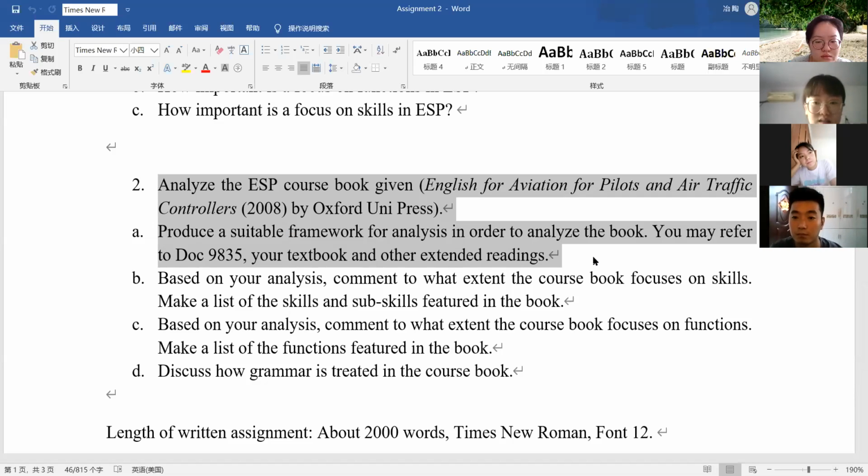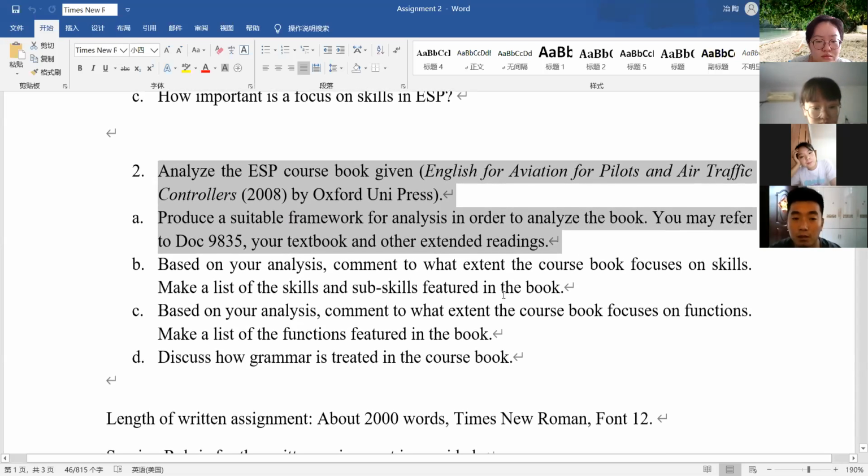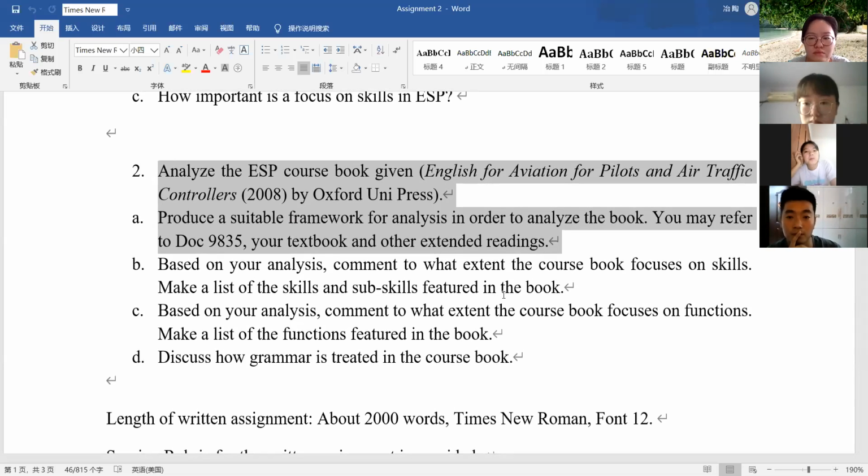First of all, we needed to know the content of the book that the teacher gave us. The book is organized in the sequence of a flight, starting with an introductory unit, followed by pre-flight ground movements, departure, cruising and en route events, contact and approach, landing, and end of flight ground movements.